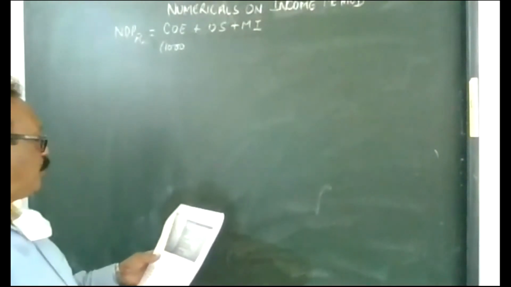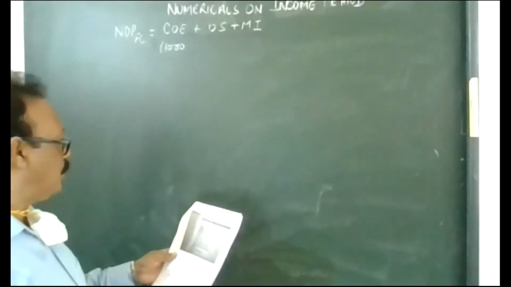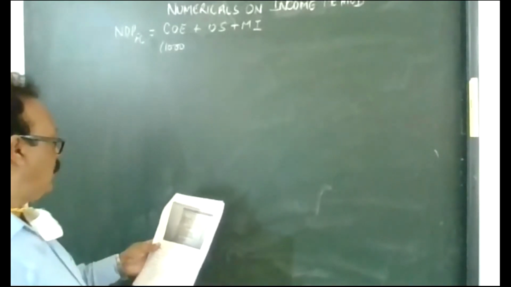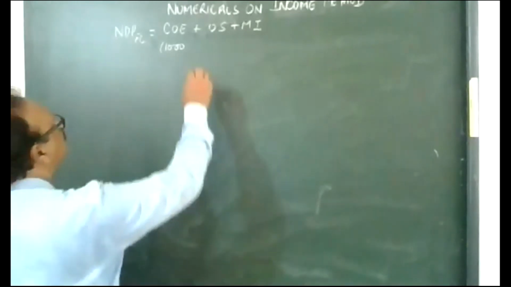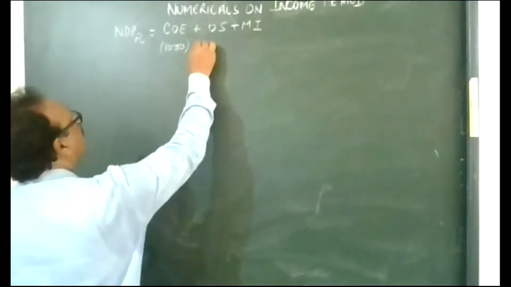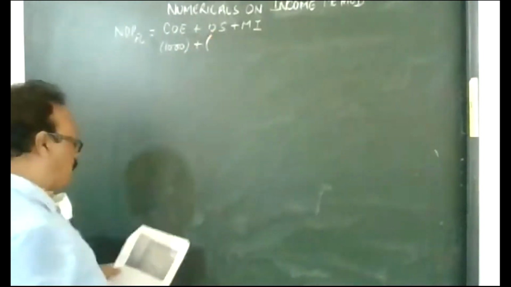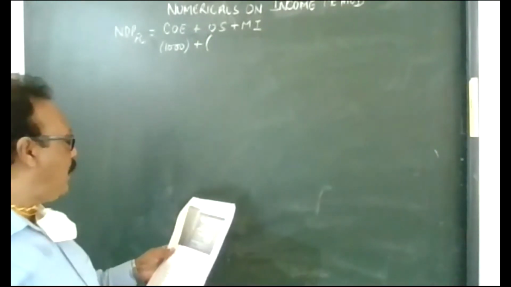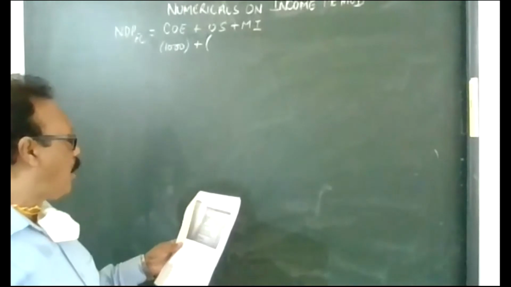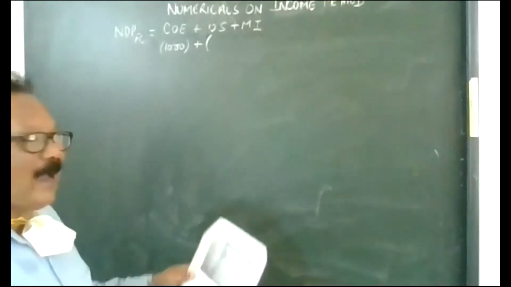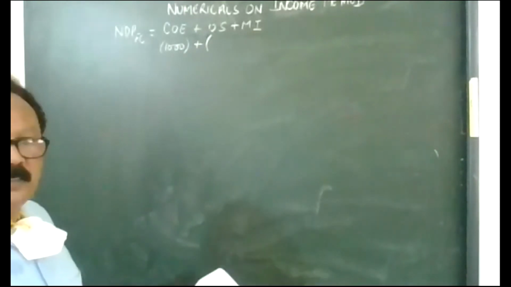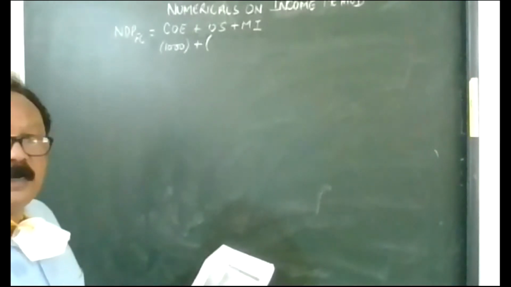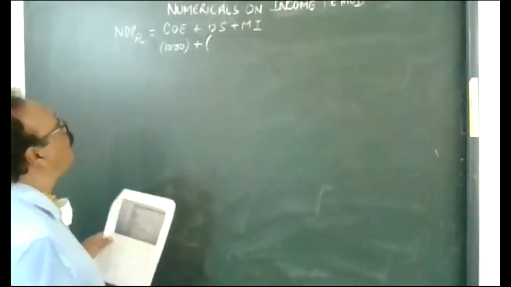Rent, interest, undistributed profits, corporation tax, all this comes under OS. Nothing else, so COE is 1,000. Now for OS we will take rent, interest, undistributed profits, dividends and corporation tax separately because there is no profit given here. These are all parts of profits, so they are all part of OS.